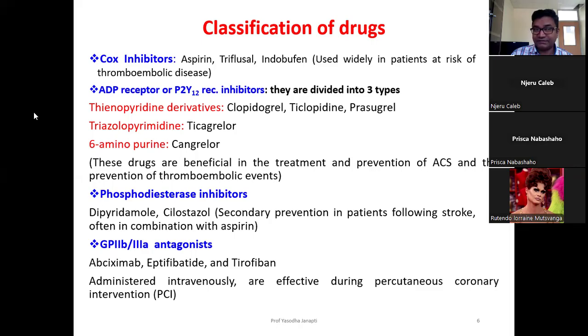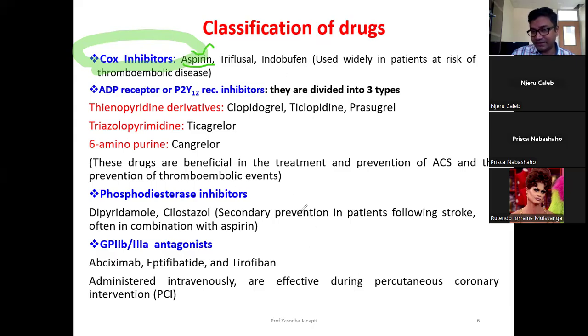We can see some drug examples. COX inhibitors, example is aspirin. That is a very good drug. Some more drugs are there, like triflusal and indobufen, but aspirin is still a very promising drug. Now you can see their uses.